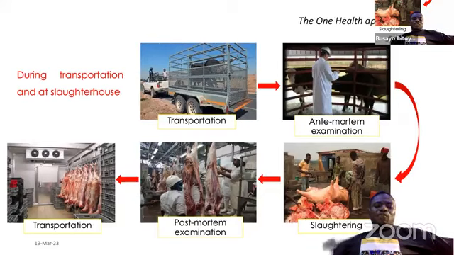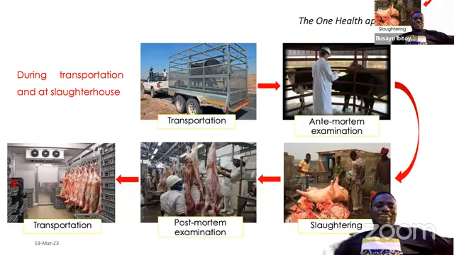So at this level of postmortem examination, some of these are infections that are zoonotic, TB in particular, and other diseases can be spotted, and the carcass can be sent for either partial or total condemnation, as the case may be. And again, the last stage here talks about refrigeration.